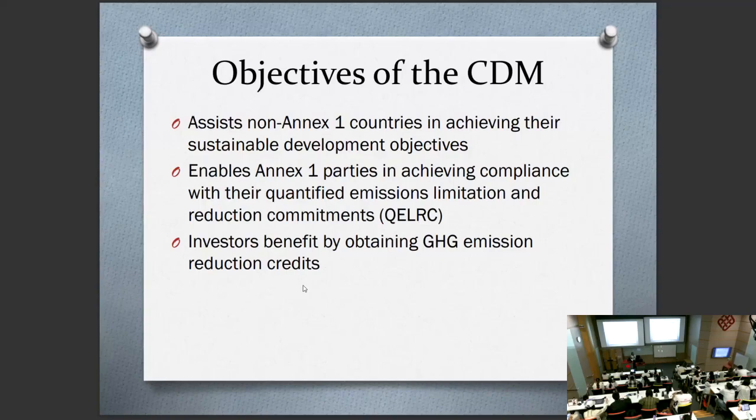So this is the benefit to the developed country. So they can meet their target, okay, by doing this investment. And for the non-NS1, that is the developing country, they get the investment, the transfer of the technology, and it is good for their economy.